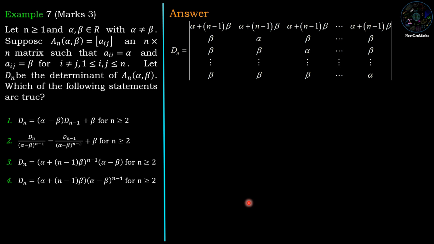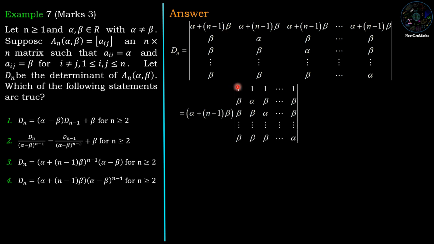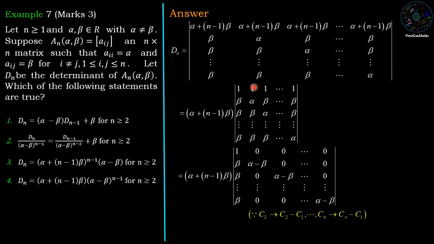Now in the first row, every entry is alpha plus n minus 1 into beta, so it is a common factor, so take it out of the determinant. Then we have alpha plus n minus 1 into beta, and the first row has values 1 1 1 1. Then the next operation: we subtract the first column from all the columns. In the second column, 1 minus 1 is 0, the second entry is alpha minus beta, the third entry beta minus beta is 0, and similarly the last entry beta minus beta is 0.